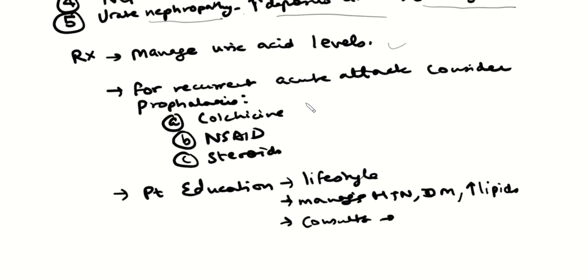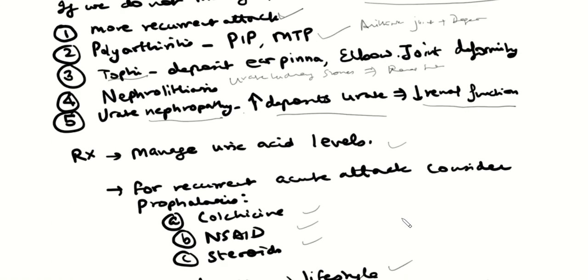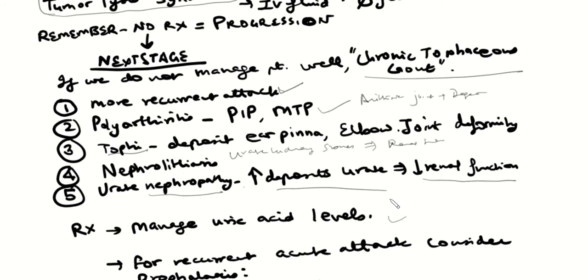And again, acutely, colchicine, NSAIDs, steroids, and then patient education, the lifestyle. We talked about alcohol and red meat, and then hypertension, diabetes, lipids. We got to manage that, and then consulting rheumatology. If they start to get kidney disease, then nephrology and those kinds of things. And so that actually is gout.